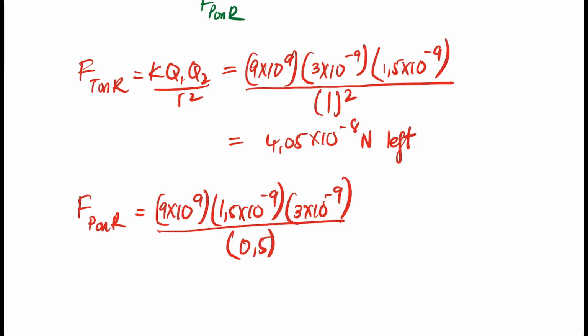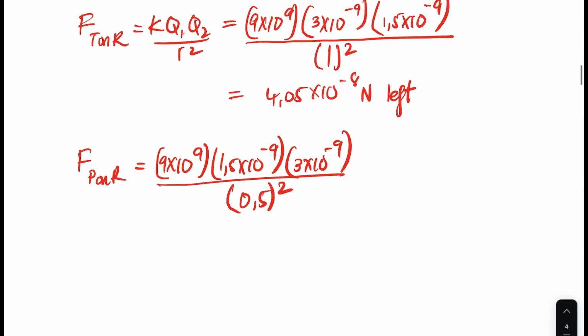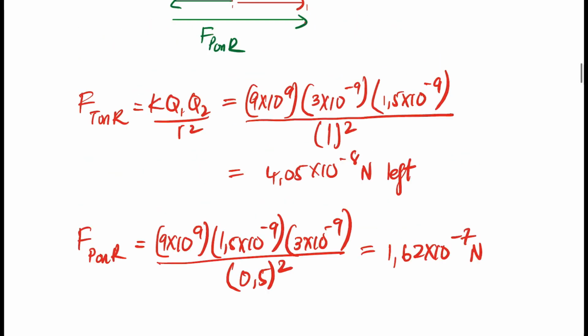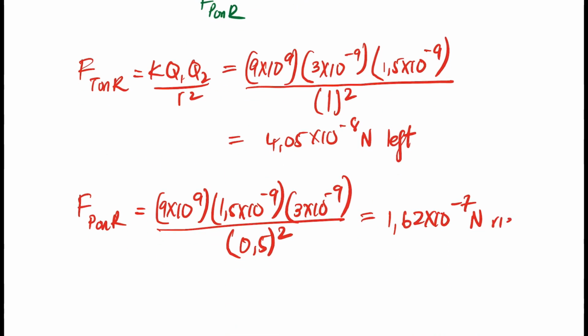Now it's 0.5 squared. The distance here is 0.5. So if you put that in the calculator, it's going to be 1.62 times 10 to the power negative 7 newtons. And we already decided the direction is going to be to the right.